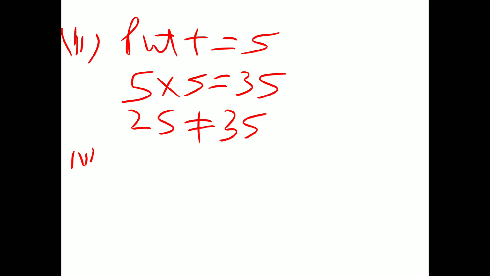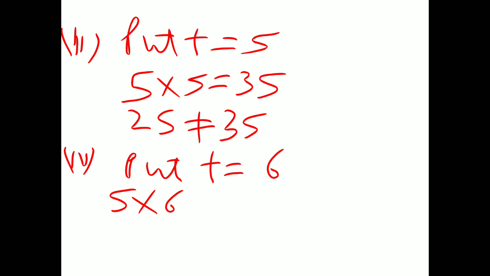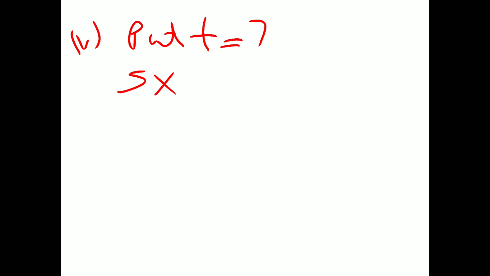Now fourth time we put t is equal to 6. Now 5 into 6 should be equal to 35. So 30 is not equal to 35. Clear? Now next time we put t is equal to 7. Now 5 into 7 should be equal to 35. Clear? Now 35 is equal to 35.